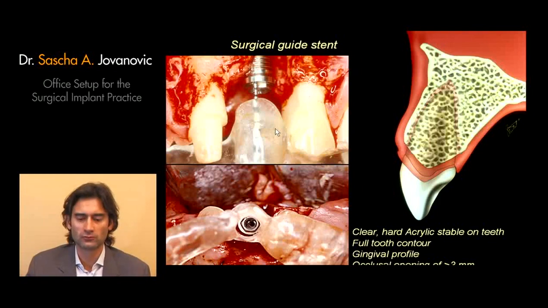There's a full contour of the tooth visible. There's the gingival profile, which is visible. And the occlusal opening is more than 3mm. And I like to keep a buccal thickness of the stent of about 2mm.